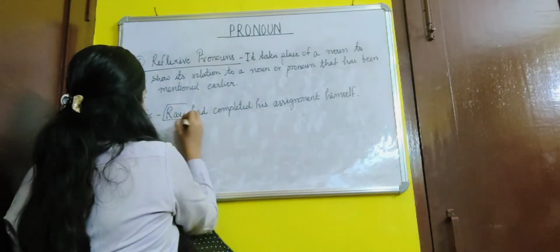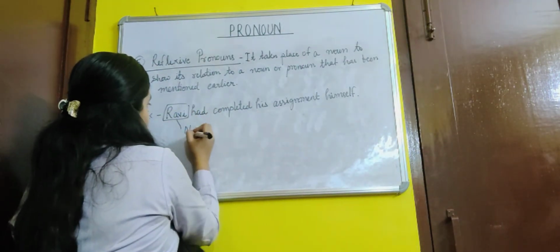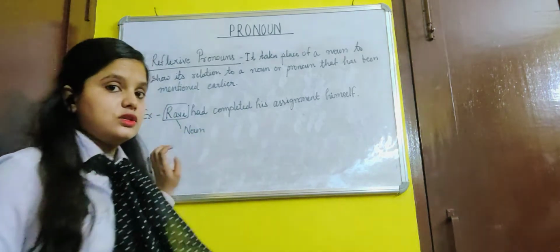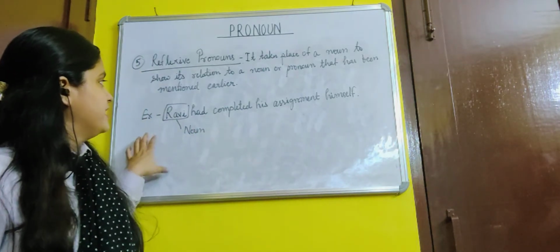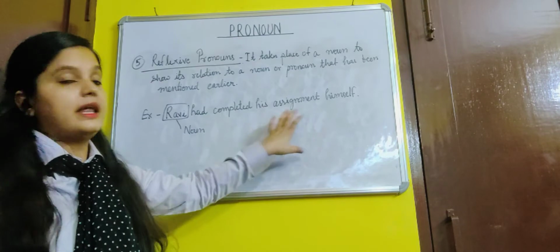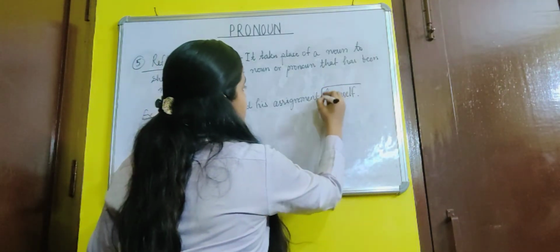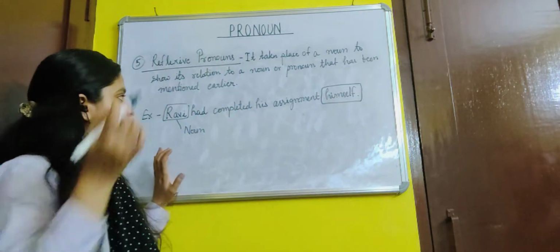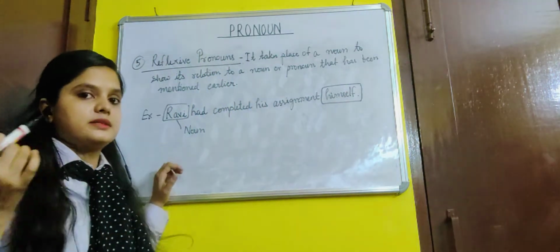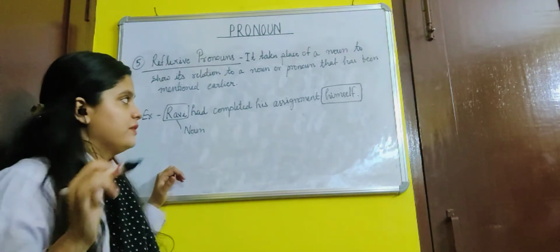Ravi is a noun. So here we are talking about Ravi, that Ravi had completed his assignment himself. That means he didn't take the help of anyone. He had completed his assignment himself.